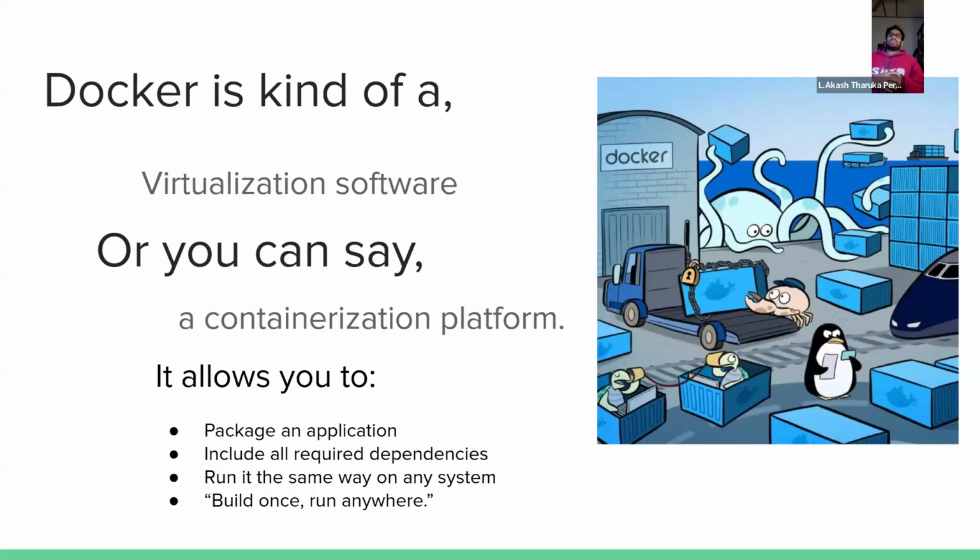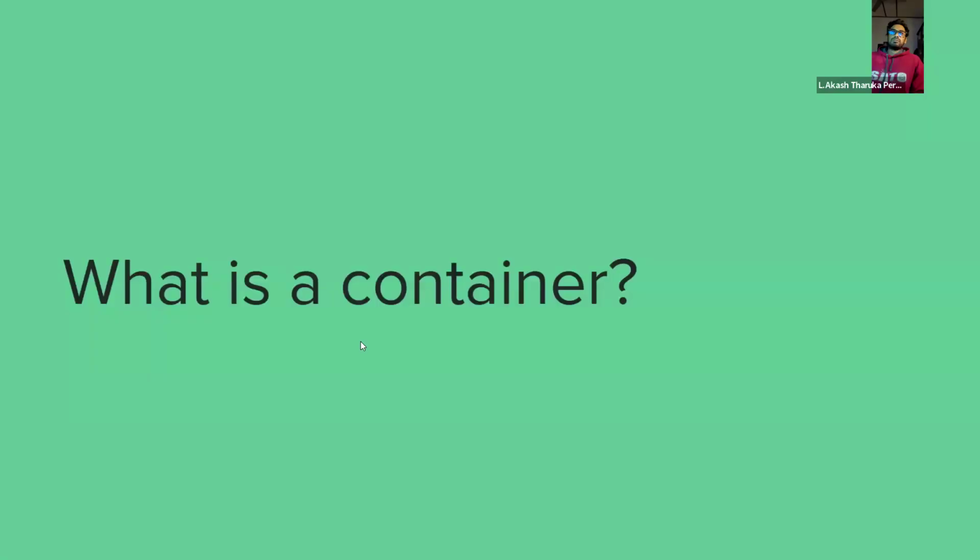So containerization and virtualization are simply different. A containerization platform allows you to package an application, include all required dependencies, and run it the same way on any system: build once, run anywhere. That's the idea. You can build the image once and run it anywhere, as long as you have the Docker platform or the Docker engine running on top of your operating system.